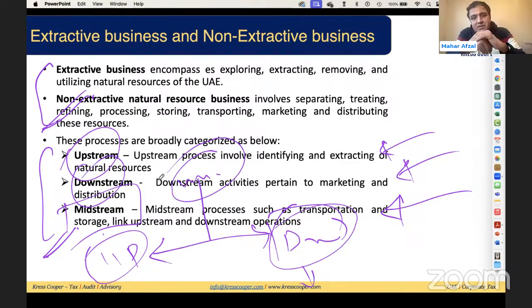So the businesses involved in extraction, exploration, and removing are called extractive businesses, and the businesses involved in transportation, marketing, and distribution are non-extractive natural resource businesses, and process-wise can be classified as upstream, downstream, and midstream as we discussed.